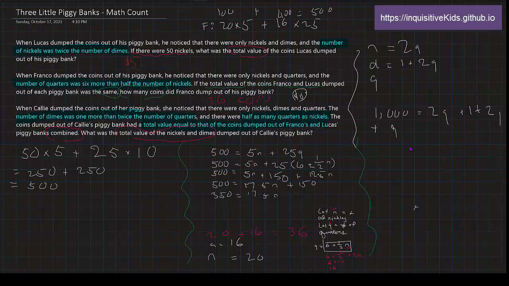So then all we have to do is solve and combine like terms, which would be 999 is equal to 2Q plus 2Q plus Q, which is 5Q.